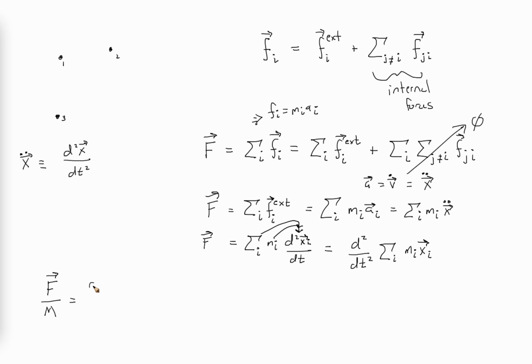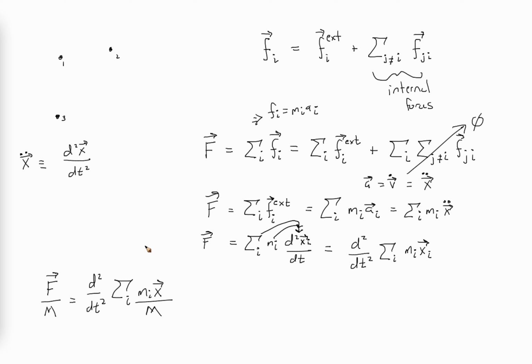What is that going to be equal to? That's going to be equal to the second derivative with respect to time of the sum over all the particles, adding up all the particles, mass times their position. And we're dividing through by M, but M is a constant. So just like here, I took this m and pulled it inside, I can take this M and pull it inside. And so what I get is this quantity here.